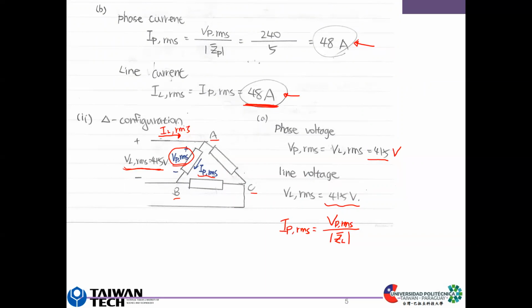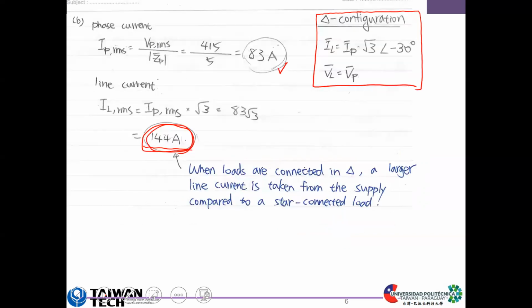If the load is in Y configuration, it only generates 48 amp line current, but for delta configuration, it generates 144 amp line current, which means in delta configuration we need a thicker transmission line. So it increases the cost.